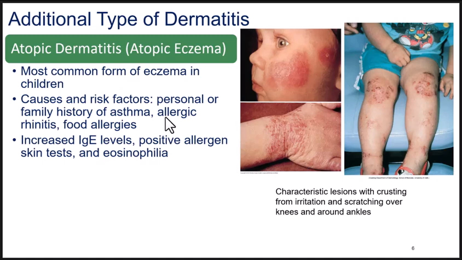Allergic rhinitis is an inflammation of the inside of the nose that's caused by some sort of allergen, such as pollen, dust, or mold, or certain animals. And so if someone has allergic rhinitis, then they may also develop atopic eczema or atopic dermatitis. Those with atopic dermatitis are likely to have an increase in immunoglobulin E levels.